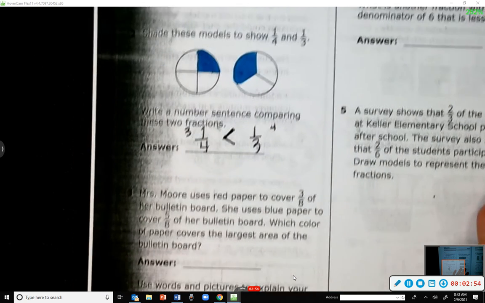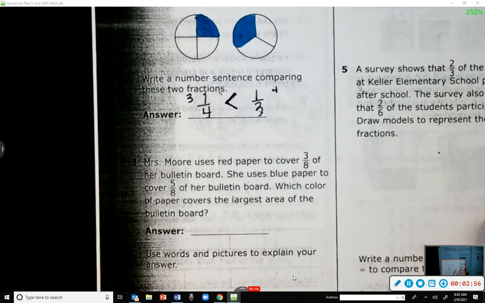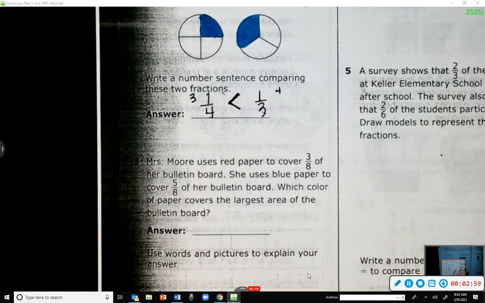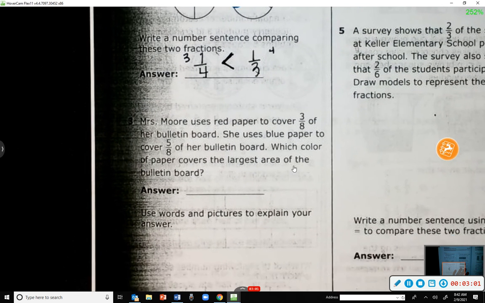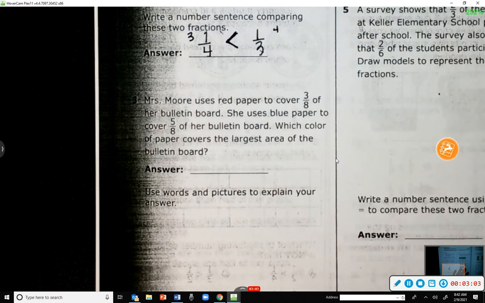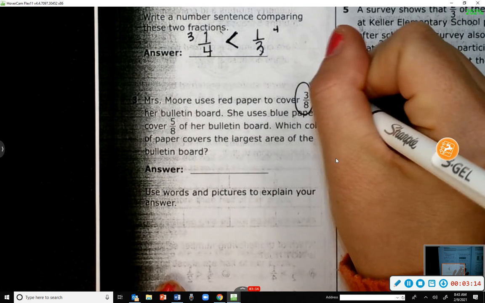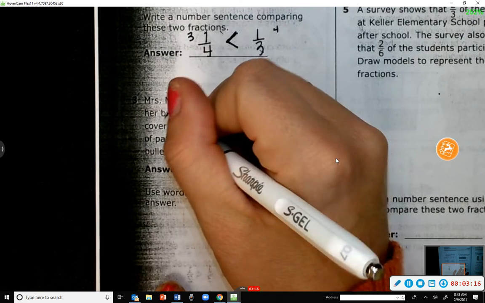Okay, number 3. Mrs. Moore used red paper to cover 3/8 of her bulletin board. She uses blue paper to cover 5/8 of her bulletin board. Which color of paper covers the largest area of the bulletin board? Okay, so we're comparing 3/8 and 5/8.